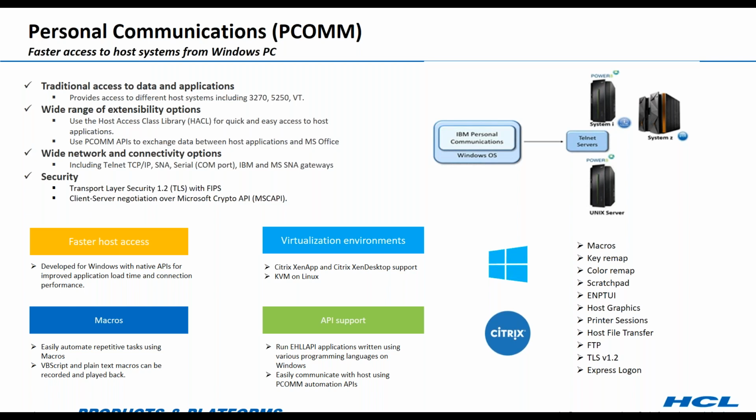You can record once and then play back, and you can also automate all these actions using LAP calls or PCOMM's automation APIs. You can integrate with other applications on your system, be it Microsoft Excel or Word or other VB, C or Java based applications, that can directly interact with PCOMM's host screens and get the data out of host systems, be it IBM 3270, which is System Z, or 5250, which is System i.